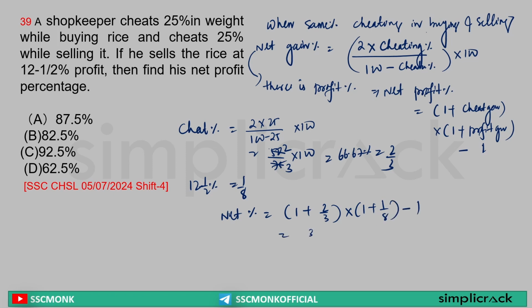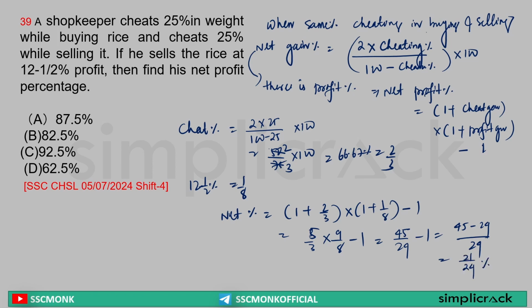Clear? Sorted. Now net profit percentage is equal to 1 plus 2 by 3 into 1 plus 1 by 8 minus 1, that is 5 by 3 into 9 by 8 minus 1, or I can write 45 by 24, my bad, minus 1, or 45 minus 24 by 24. So this is equal to 21 by 24.